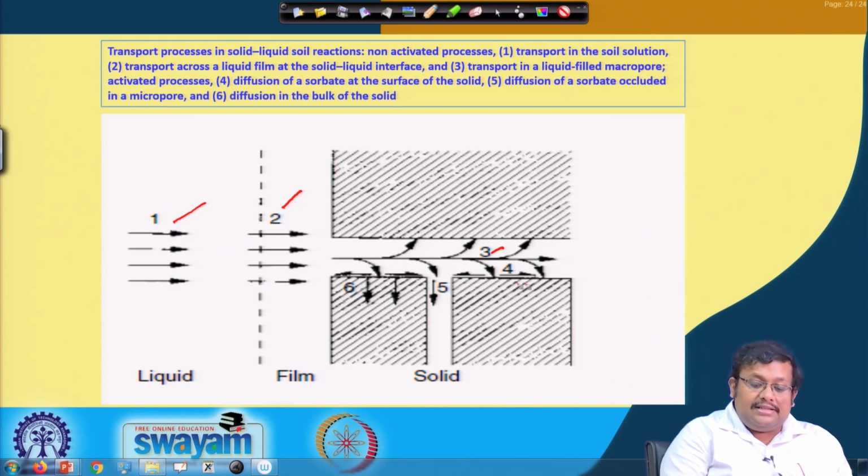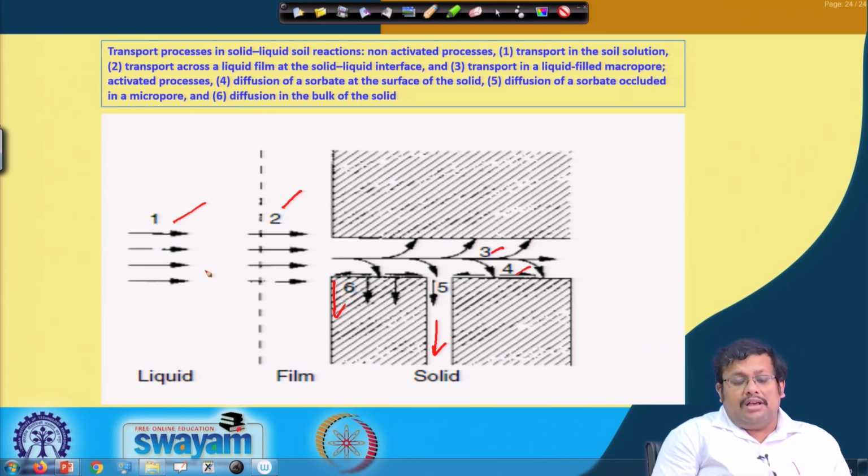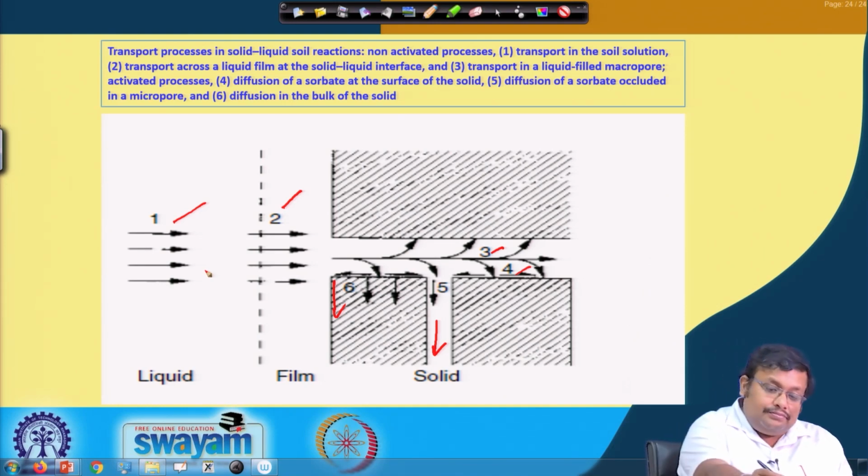The fourth one is the diffusion of a sorbate at the surface of the solid. The fifth one is diffusion of the sorbate occluded in the micropore, and the sixth one is the diffusion in the bulk of the solid. So, these 6 different processes are governing all types of movement inside the soil.